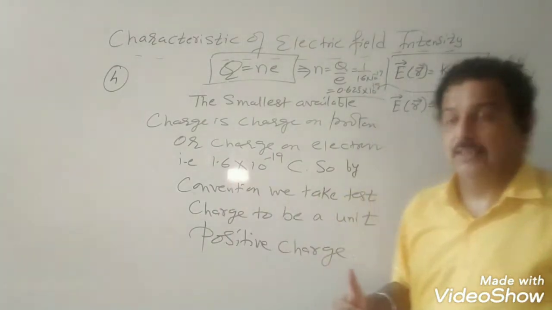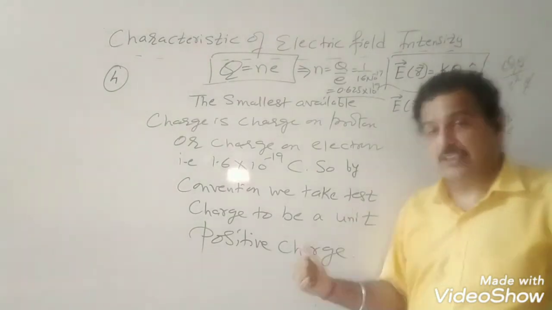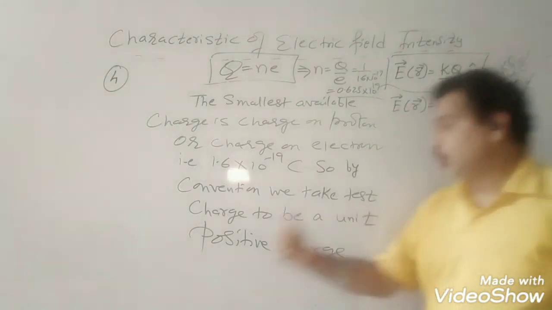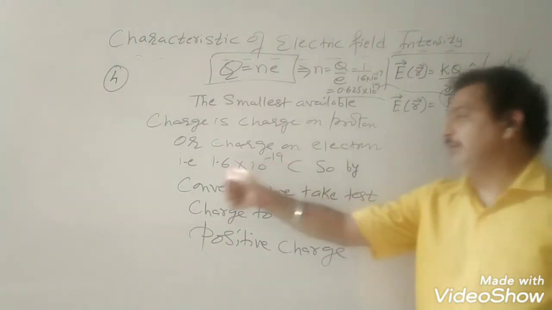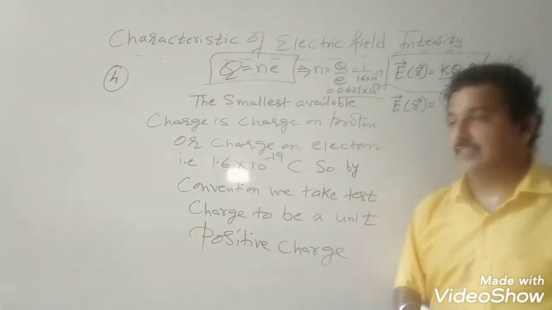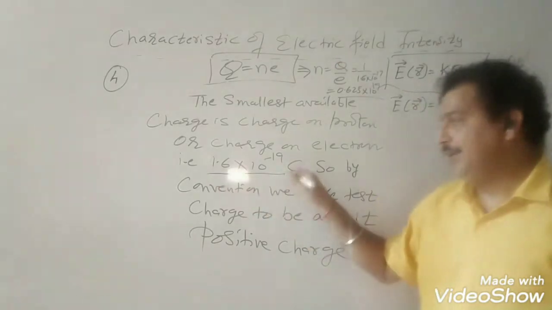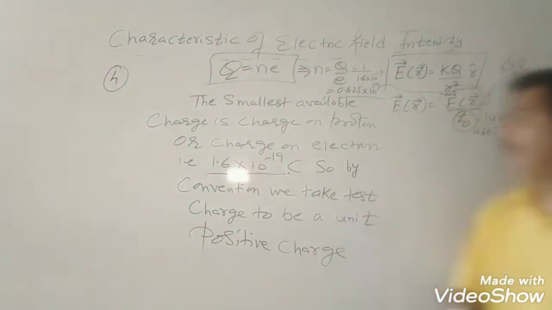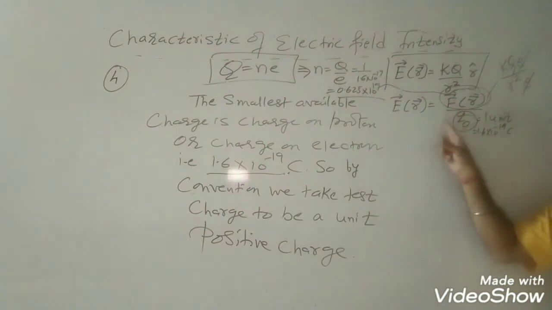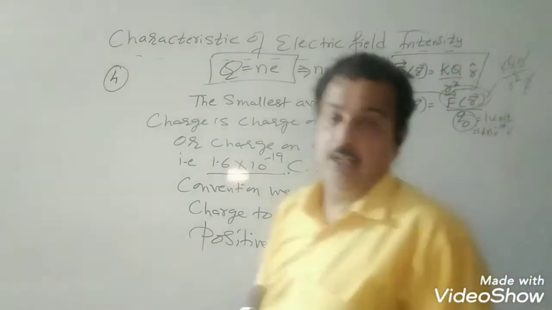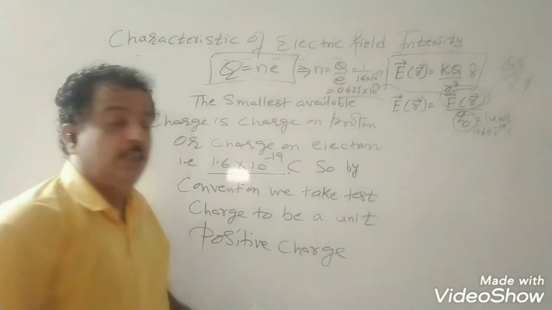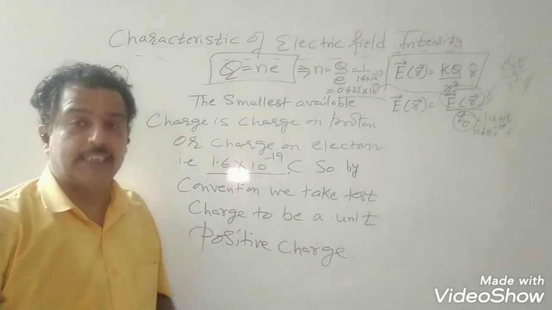Now onwards I will say my test charge is a unit positive charge and its value will be 1.6 into 10 raised to minus 19 coulomb. However, this value becomes insignificant because when we use this formula and come to this conclusion, we find that the electric field does not depend on the magnitude of the test charge.